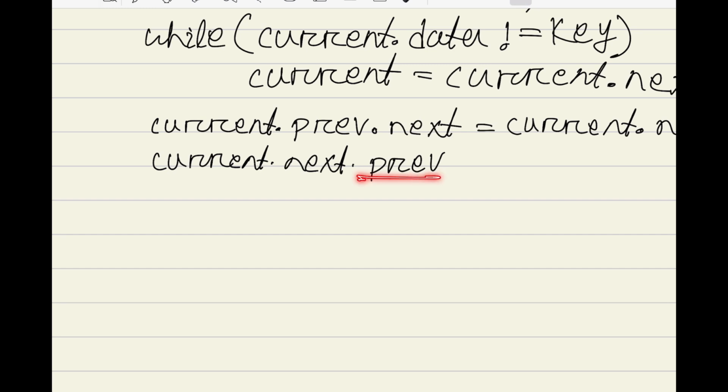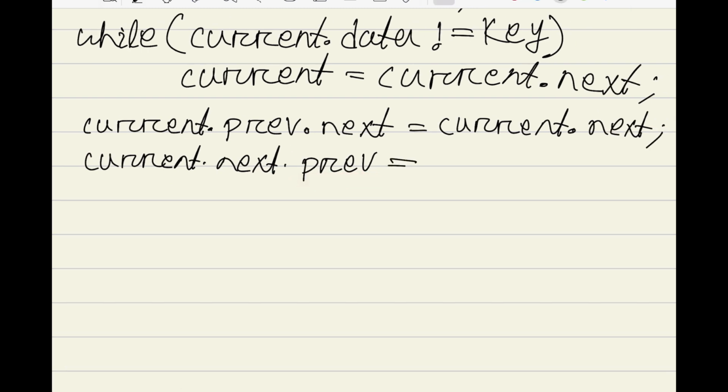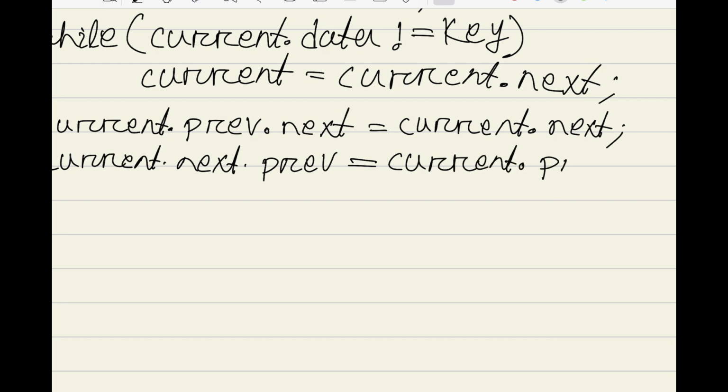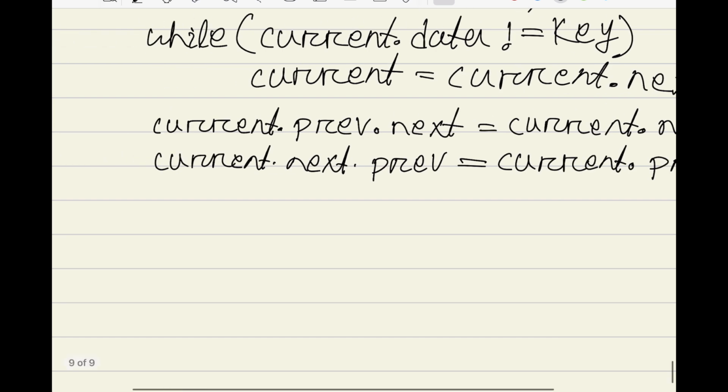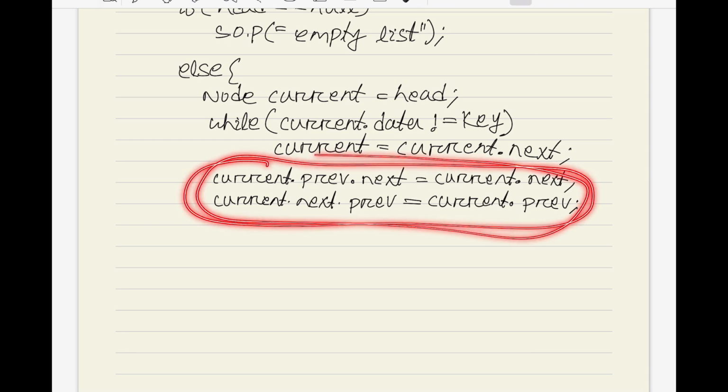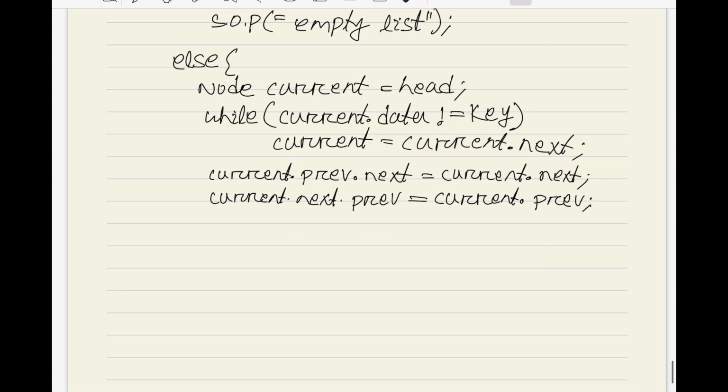That means the previous of the next node of current. Current dot next means the next node of current and its previous is going to refer to current dot previous. So these are the two steps only to update the previous and next.